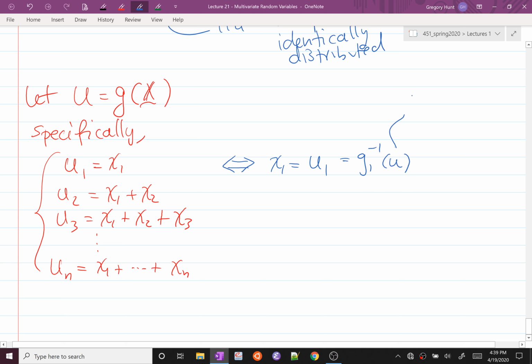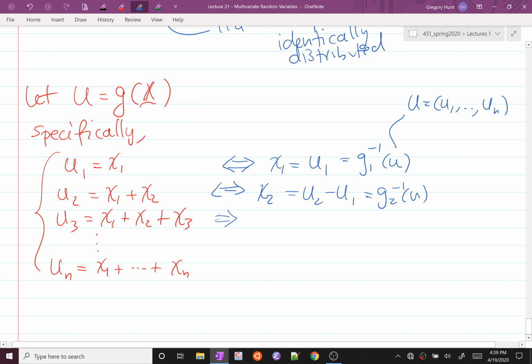Here I'm using u as a shorthand for u1 to un. x2: if I subtract u1 from u2, I just get left with x2. This is x1 plus x2 minus x1. So this is u2 minus u1. So this is g2 inverse of the u's.